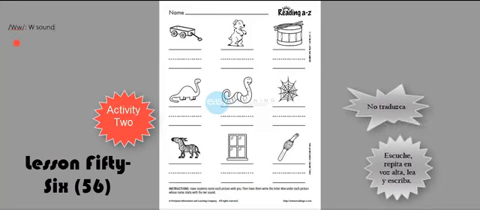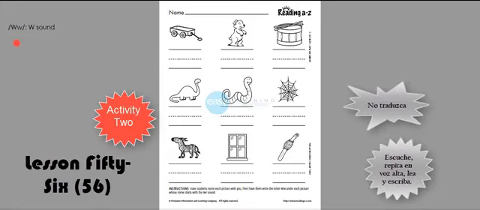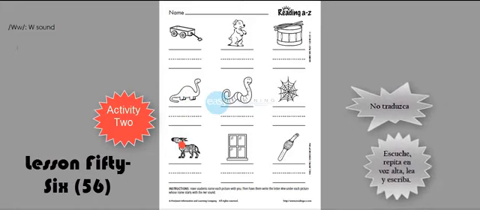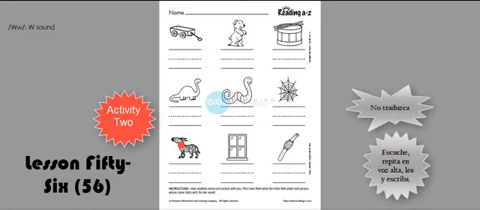So this activity is about words that begin and words that do not begin in the W sound. First, I'm going to call the objects in the pictures by their names, and after that we are going to find out which words begin or don't begin in the W sound.